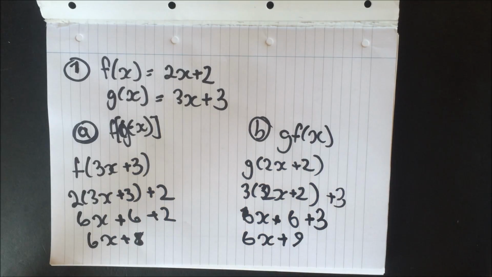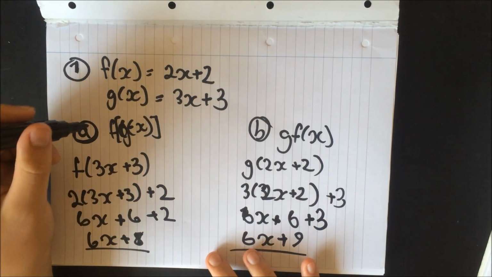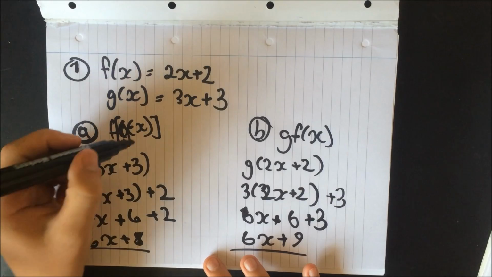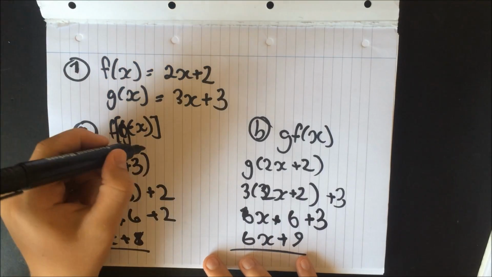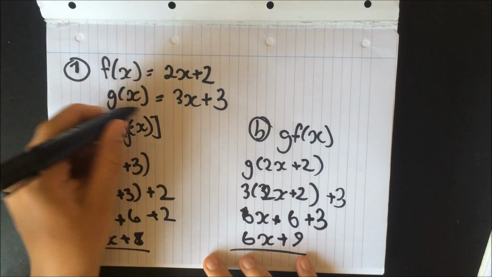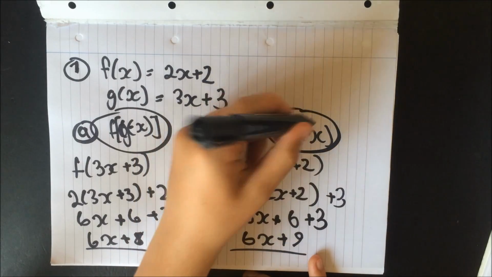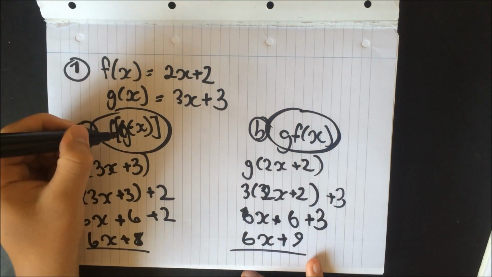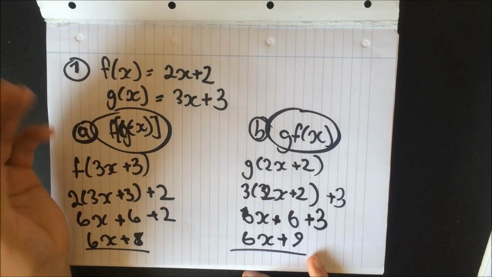So, from these results, we can actually see that the two answers we got were different. So we need to know that we can't just interchange these around. We can't just go, oh, we want to find f of g of x, let's just put g of f of x because it's easier.